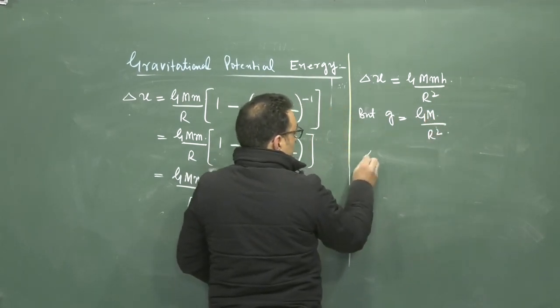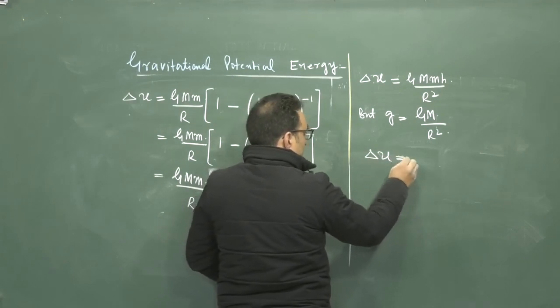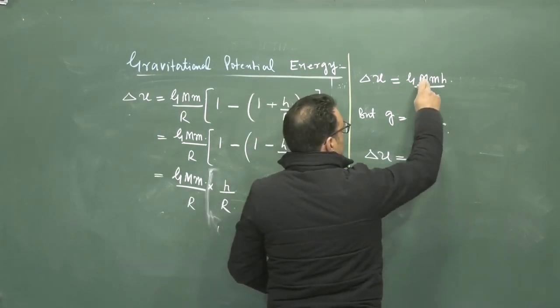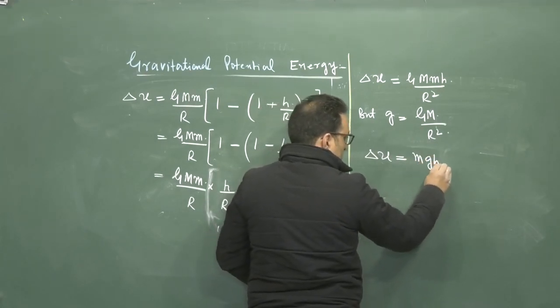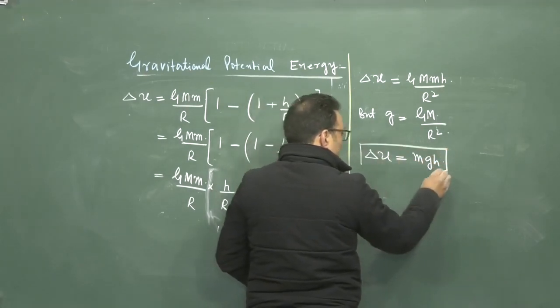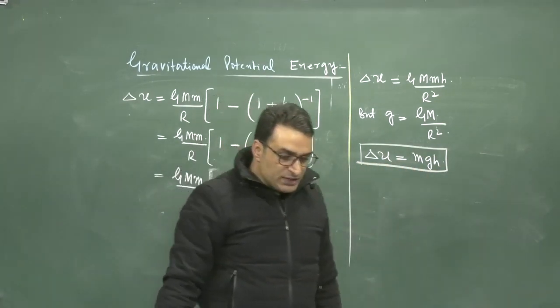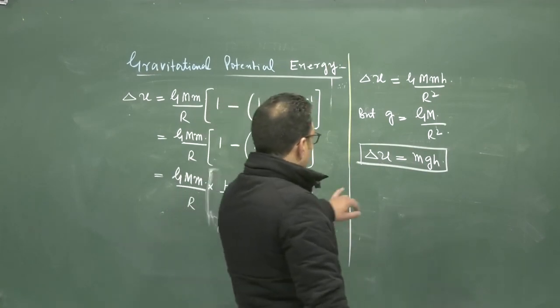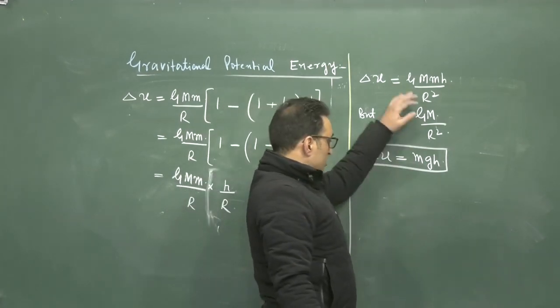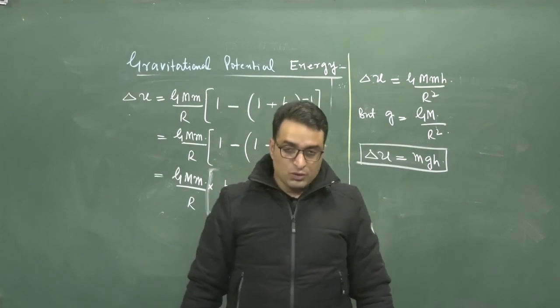With this substitution, delta U comes out to be GM by R square is g, I can write this as mgh. This is the change in the gravitational potential energy when a body is moved from the surface of Earth to a height h.